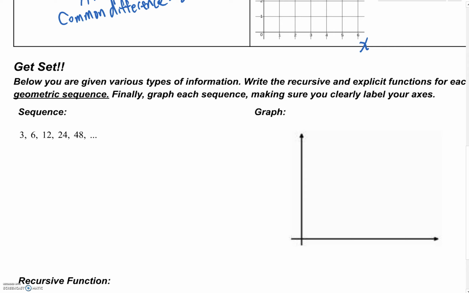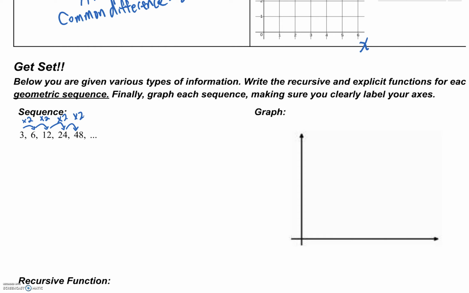Rather, you are multiplying. As you're looking at this, 3 to 6, we're going to multiply by 2. Going from 6 to 12, once again, you're multiplying by 2. Likewise, from 12 to 24, and so on. Each and every time, 2 times the previous term would get you your current term.